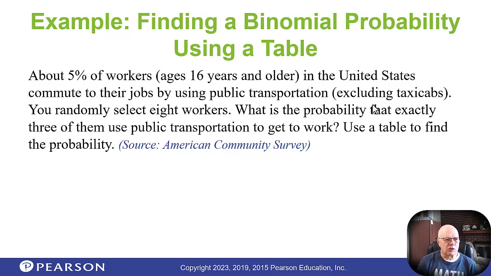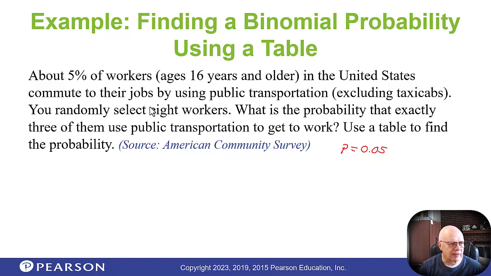All right, let's try another one. We've gone through that pretty exhaustively, I think. So 5% of the workers, I'm going to start right away. So I have a probability of 0.05 commute to their jobs by using public transportation, not counting taxi cabs.